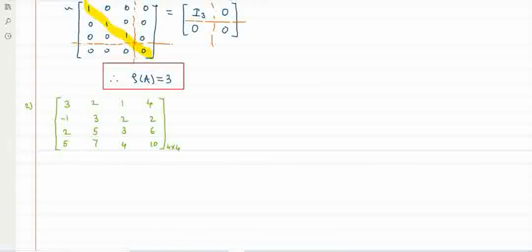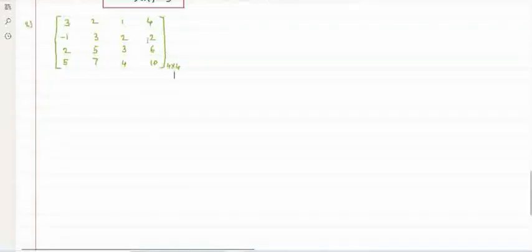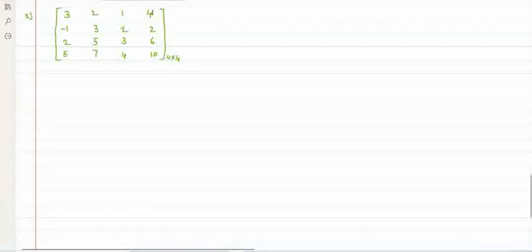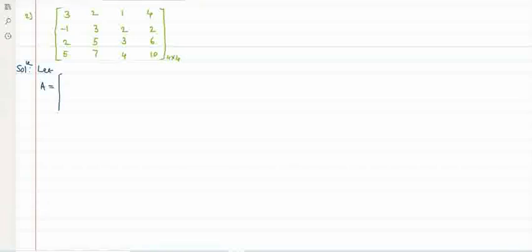So the first step, call the given matrix A. Let A be the given matrix: first row 3, 2, 1, 4, minus 1, 3, 2, 2, 2, 5, 3, 6, 5, 7, 4, and 10.